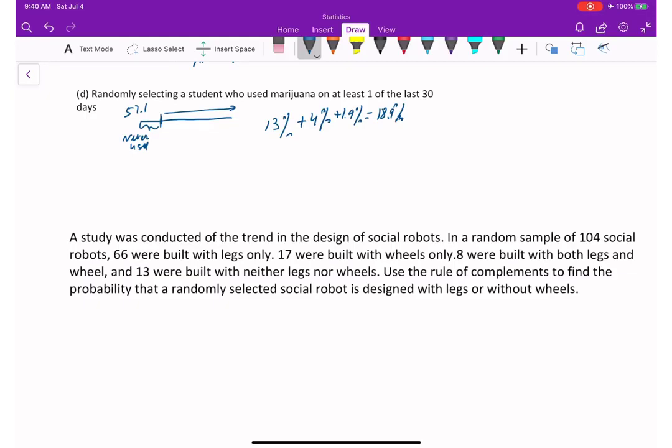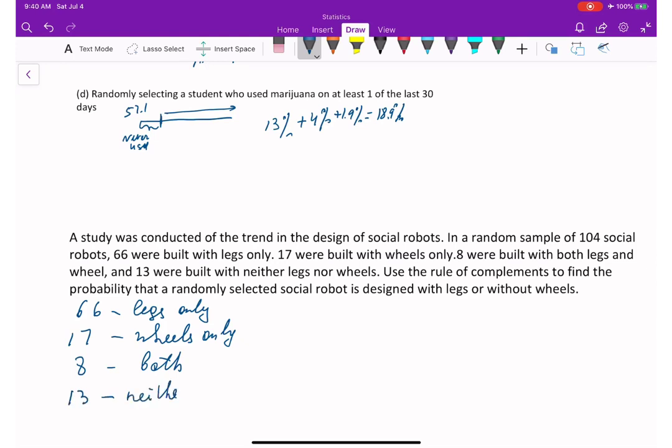Let me write this out. 66 legs only, 17 wheels only, 8 both legs and wheels, and 13 neither one was used, neither legs nor wheels.